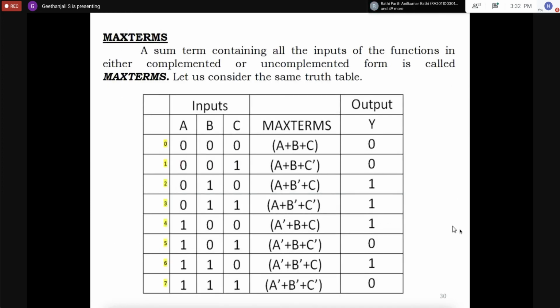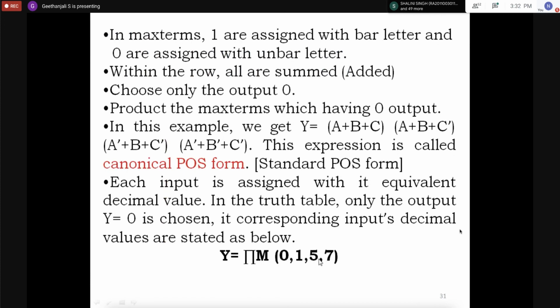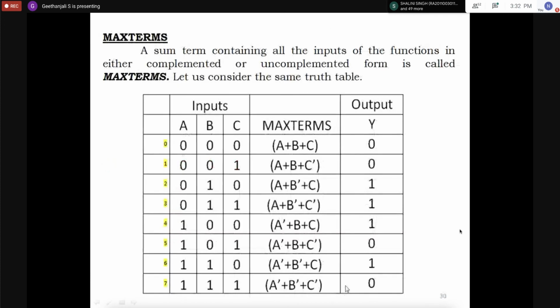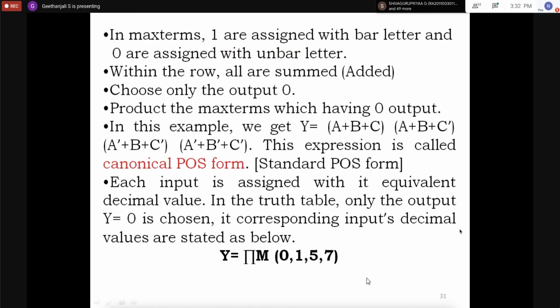They are taking zeros, so 0, 1, 5, 7. So in max terms, we have to take the zeros. In max terms, 1 are assigned with the bar letter and 0 are assigned with the unbar letter. Within the row, all are summed, added.